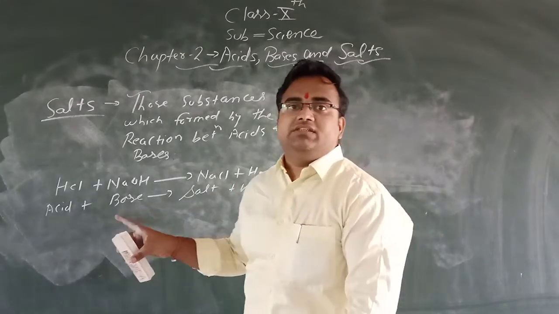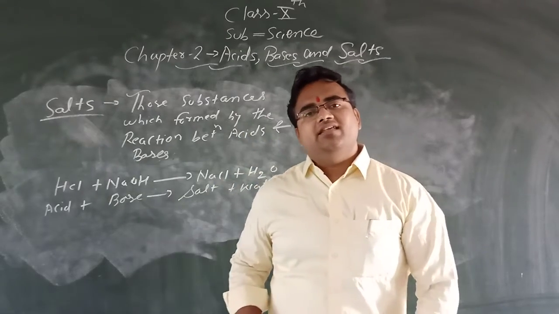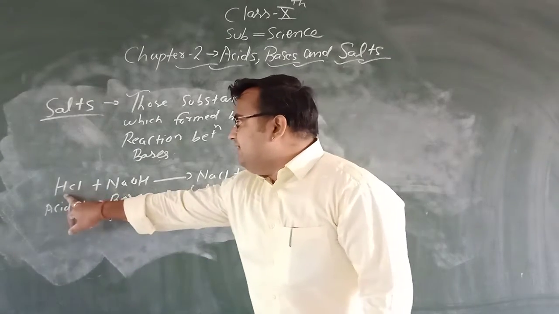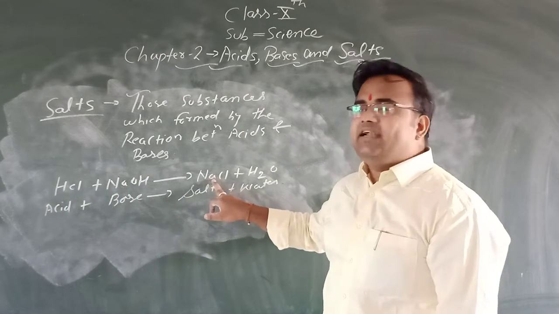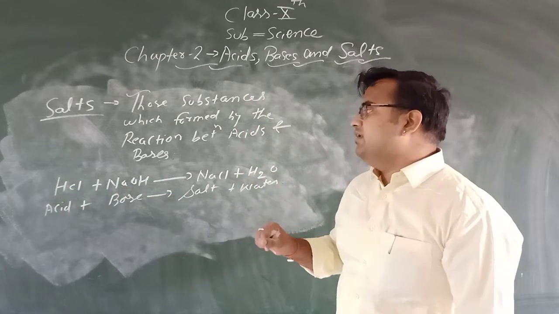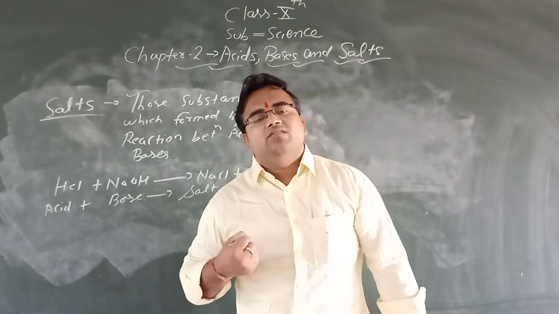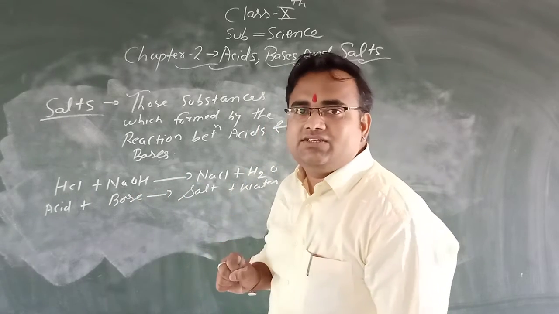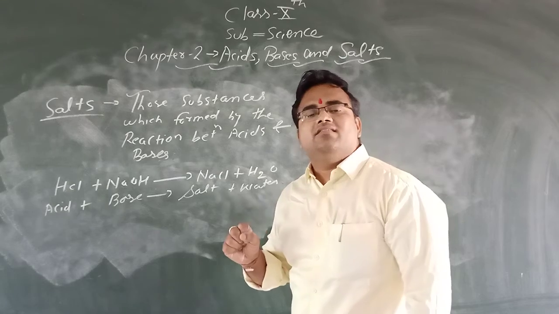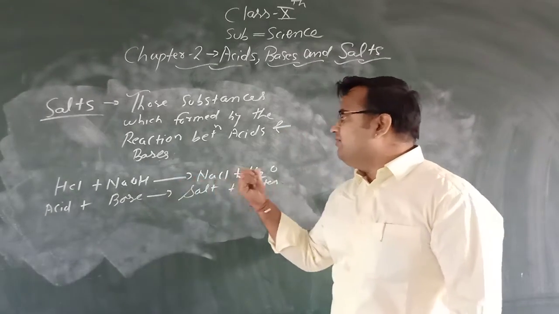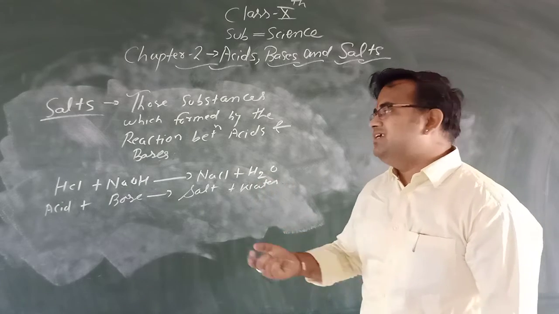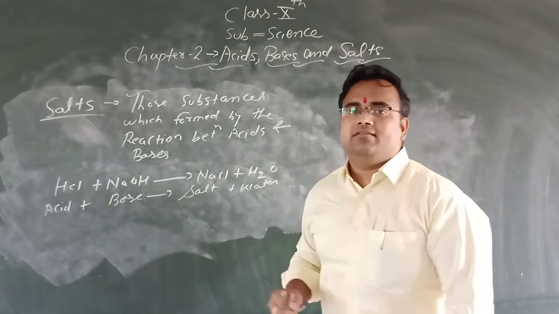This type of reaction is known as a neutralization reaction. Acid HCl, base NaOH gives salt, that is NaCl, and water. Neutralization reactions are the reactions which give salt and water by the reaction between acid and base.